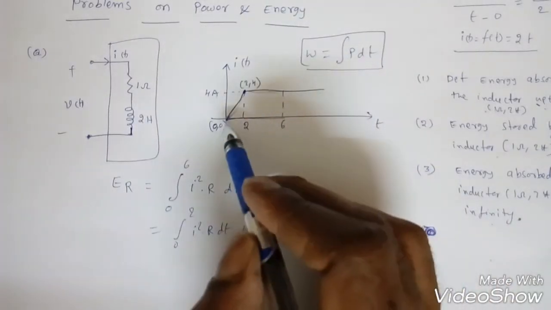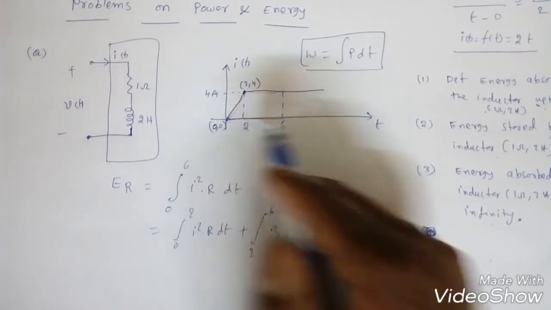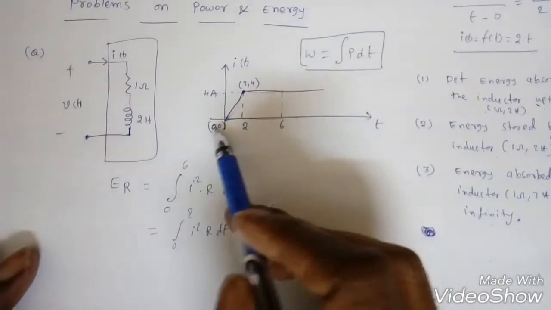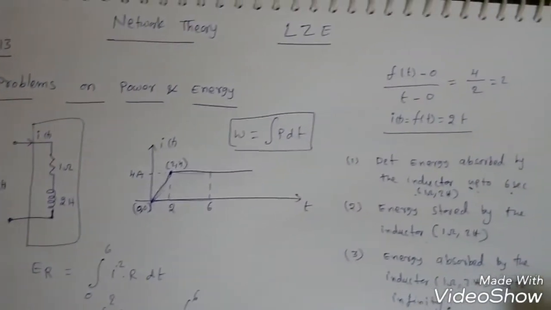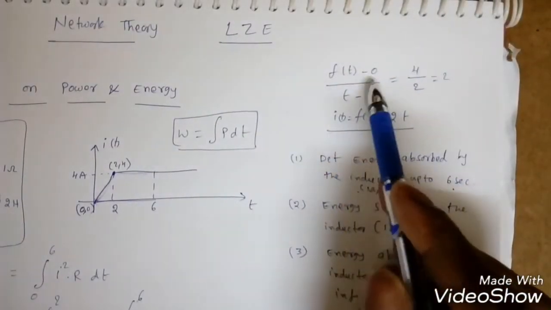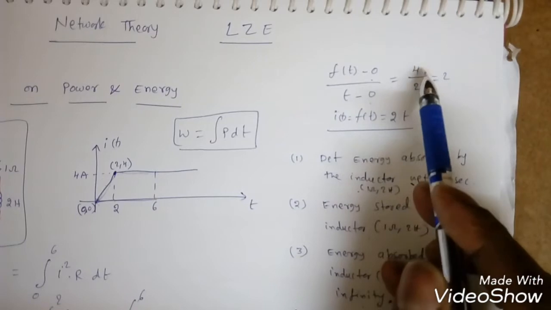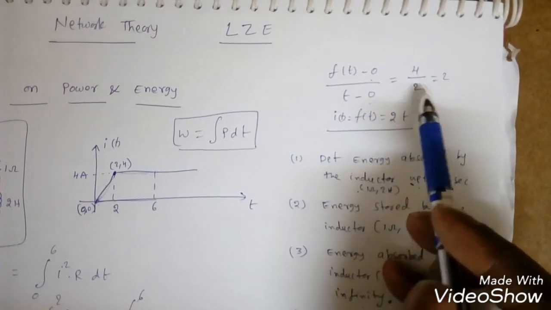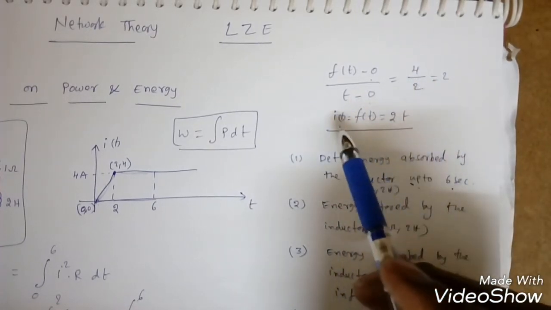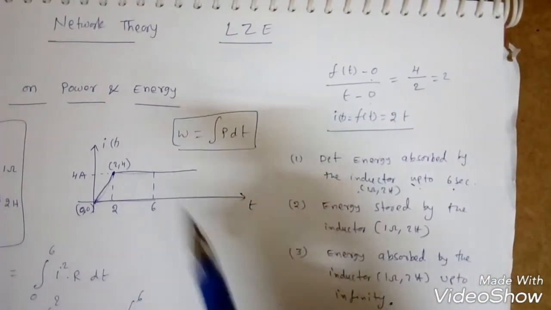For the first part we need to find the equation. Between 2 points, the equation is (y minus y1) by (x minus x1) is equal to (y2 minus y1) by (x2 minus x1). From this formula we find I equals 2t from 0 to 2.